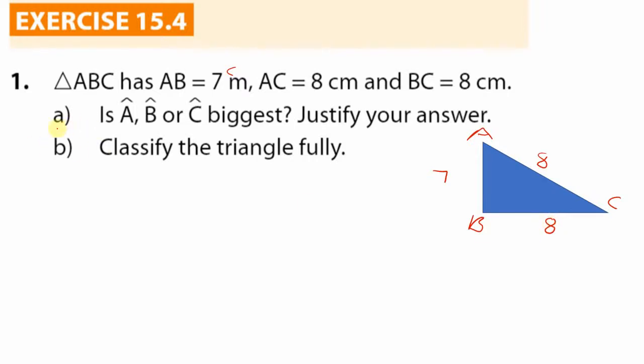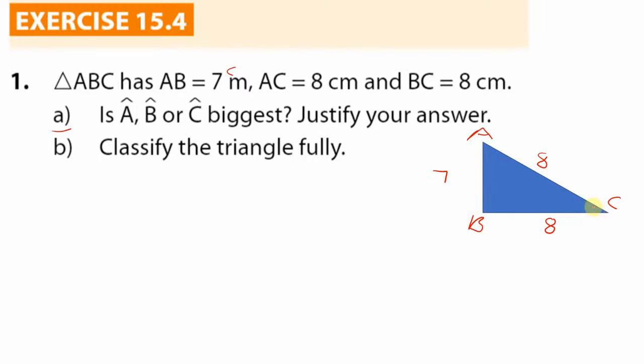So now the first sub-question A is whether A, B, or C is the biggest angle. We need to justify our answer. Now, opposite the shortest side, we have the smallest angle.